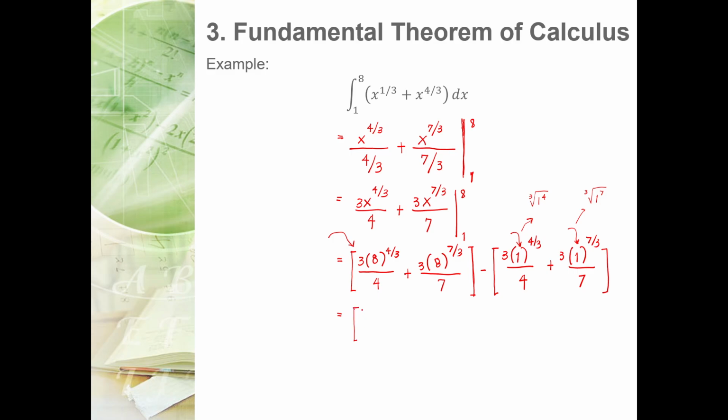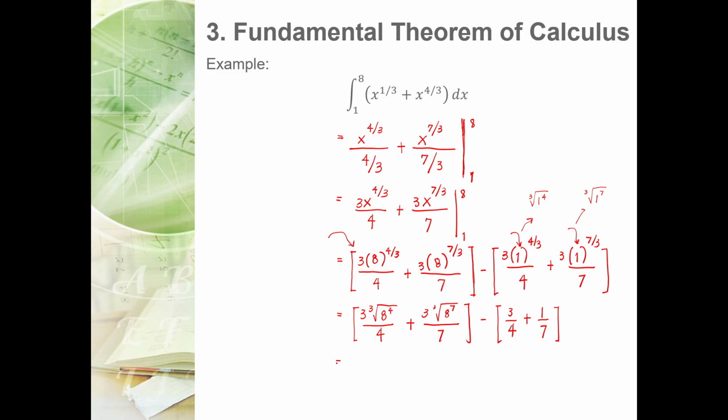In radical expression, this becomes 3 cube root of 8 to the power of 4 all over 4, then plus 3 cube root of 8 to the power of 7 all over 7. Again, this one is minus 3/4 plus 3 over 7.